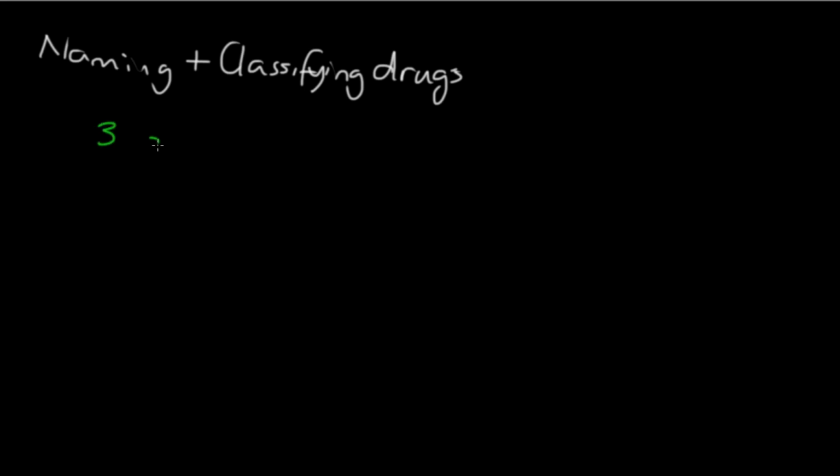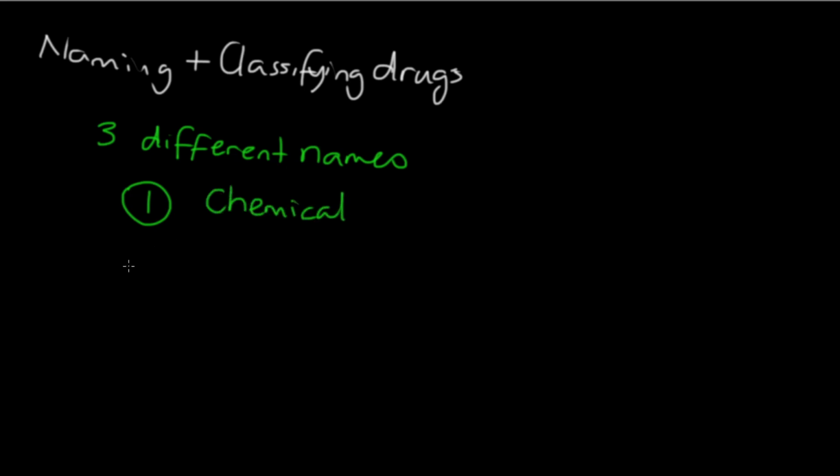The first one is the chemical name. The second one is your generic name. And the third one is your trade name.